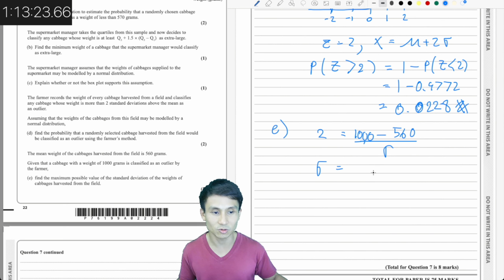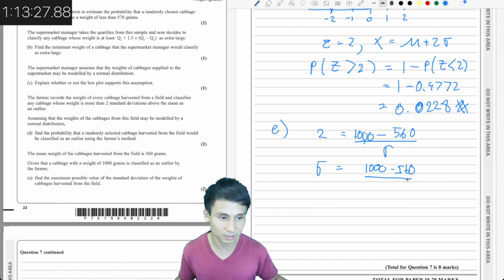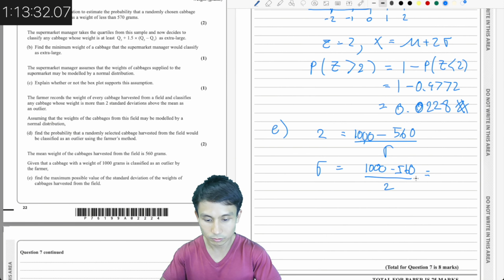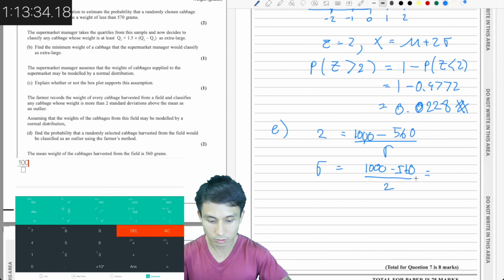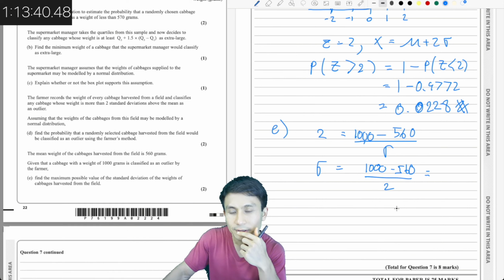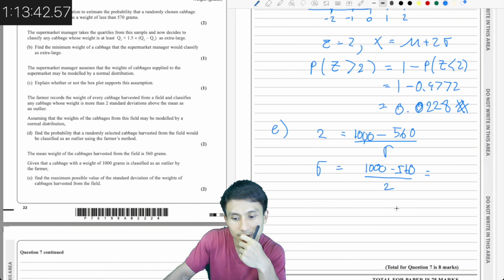So sigma equals 1,000 minus 560 divided by 2, which is 220. That's large. Hang on, it's very large.